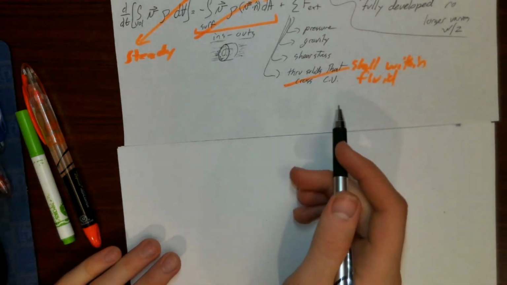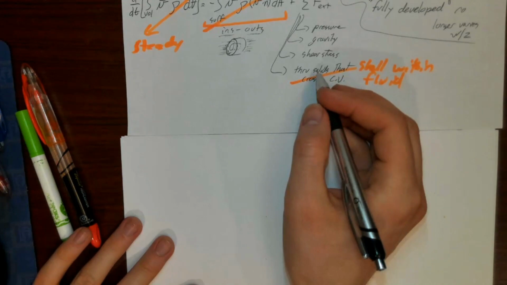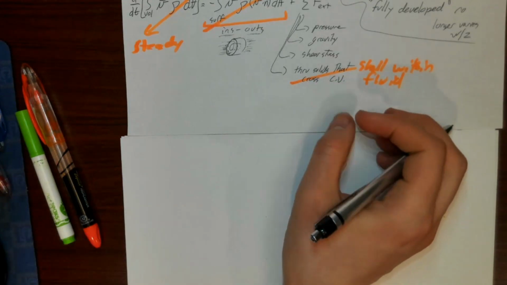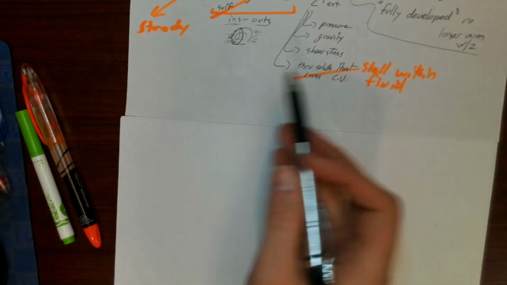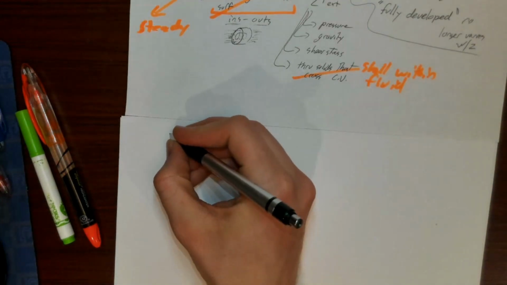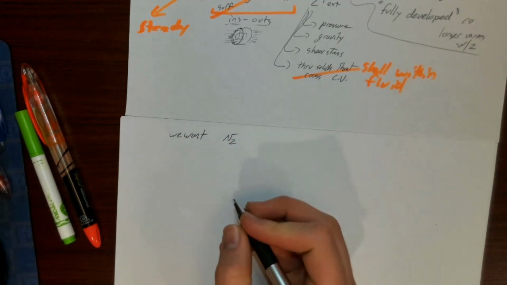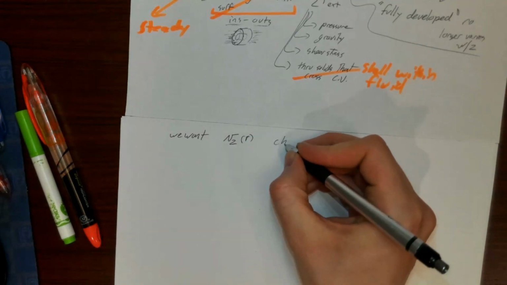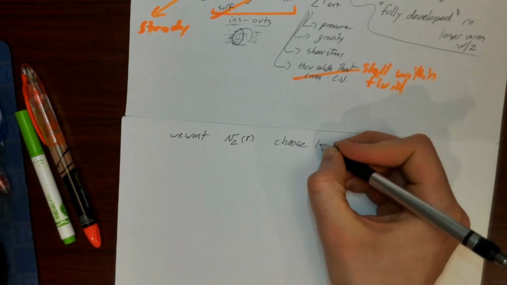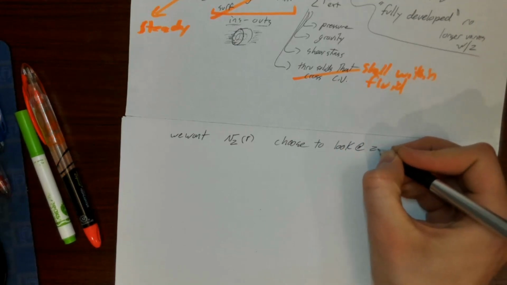So when in doubt, start with the component in the direction of the velocity that you're interested in. We want an expression for vz as a function of r, so we're going to choose to look at z.